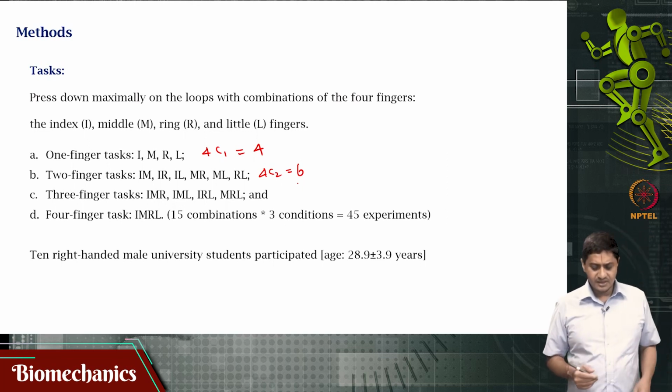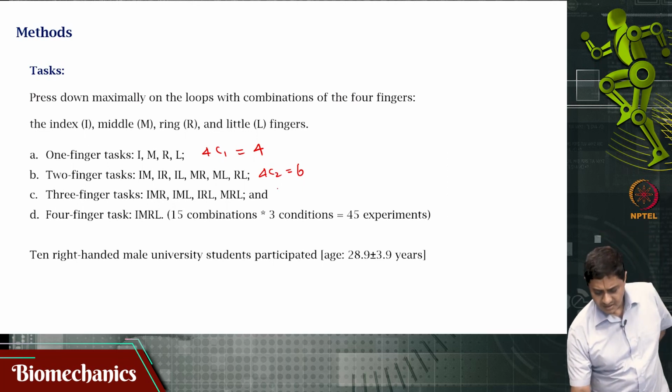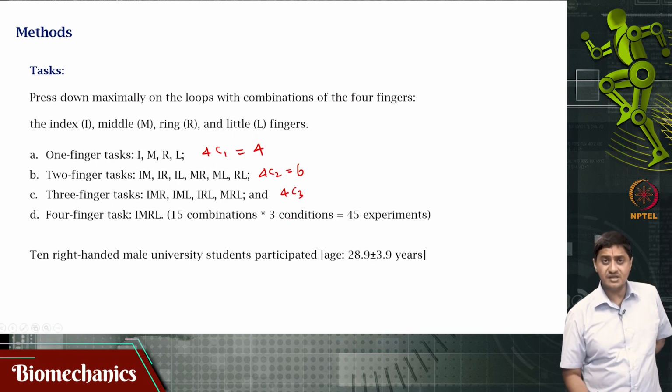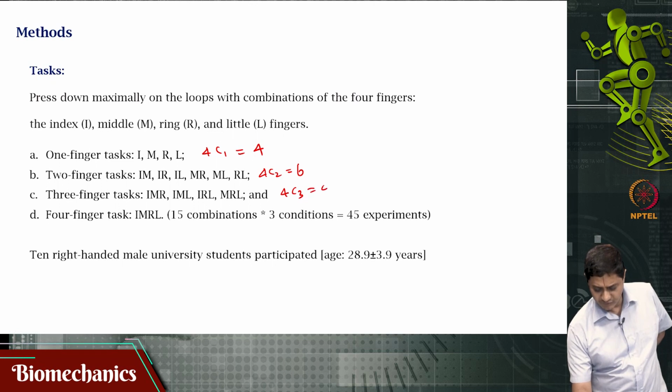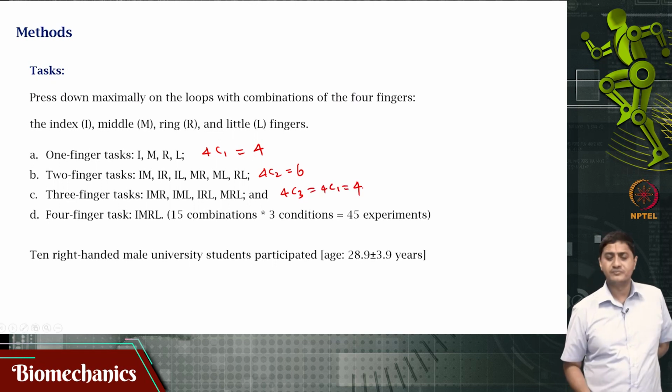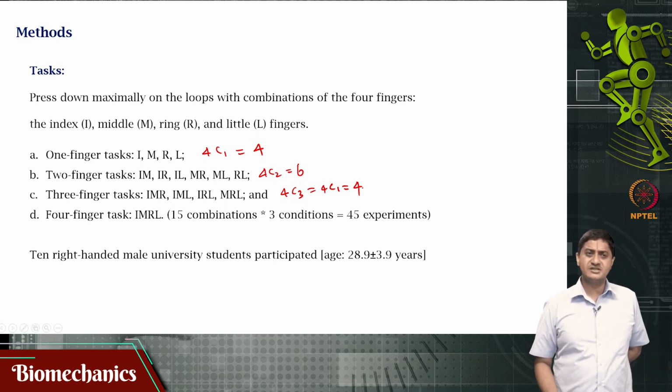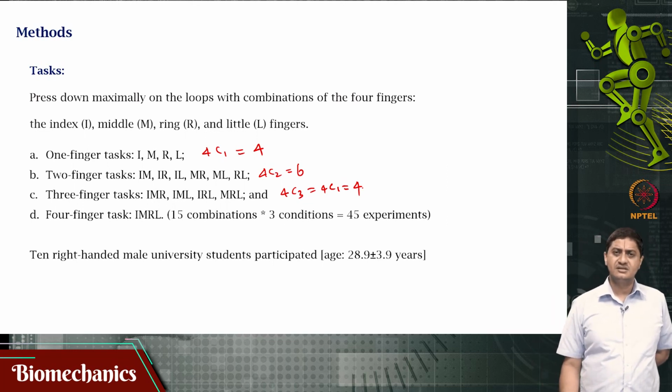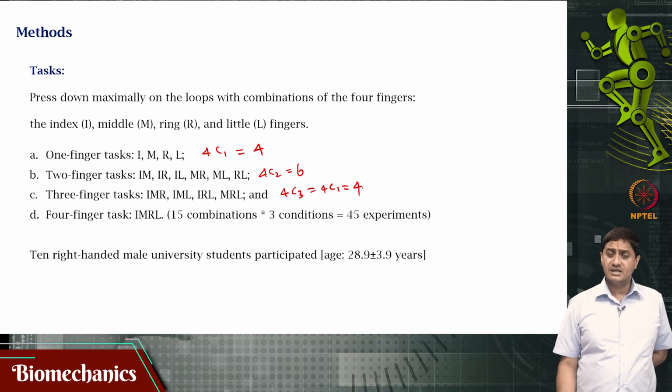Okay. Then I can have 3 finger tasks, that is actually 4 choose 3, but that is 4 choose 1, is it not? 4 choose 3 is 4 choose 1, which is 4. What are the 4 possibilities of 3 finger tasks? Index middle ring, index middle little, index ring little, and middle ring little.